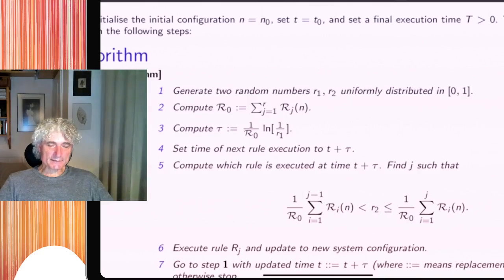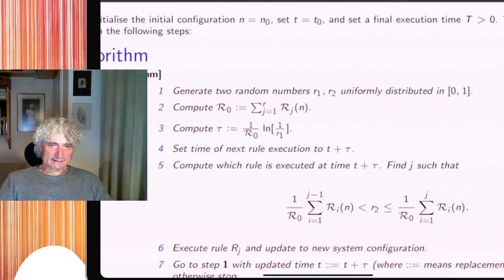So the first step is to generate 2 random numbers r1, r2, uniformly distributed in the interval 0, 1. Then in step 2 we create a big propensity that is just the summation of all individual propensities coming from all rules.